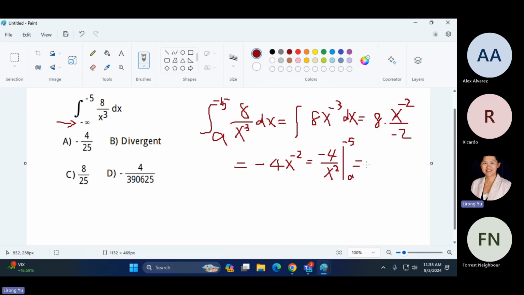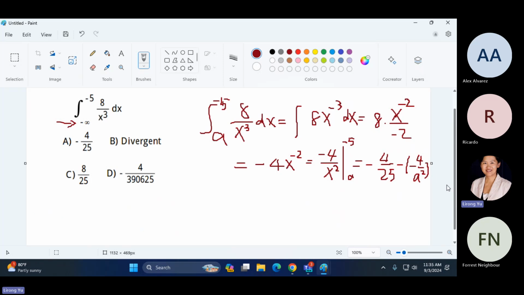So this is negative 4 over negative 5 squared, which is 25, minus negative 4 over a squared. Then we make a go to negative infinity, so a squared goes to infinity. So it's 4 over infinity.